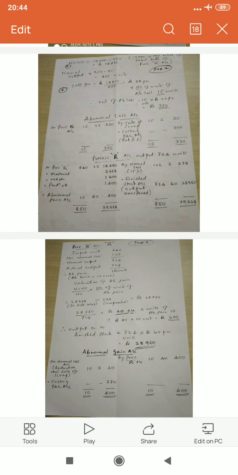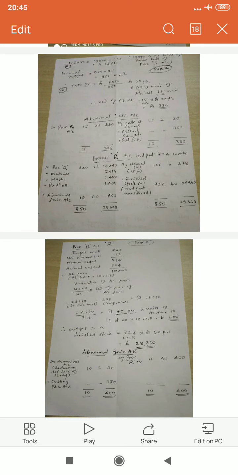Now, we have to ascertain whether there is any incurrence of abnormal loss or ascertainment of abnormal gain. First you have to ascertain how many units were fed into process R? 840. How much is permissible normal loss? Normal loss 126. Then how much should be the number of good units or normal output? The normal output should have been 714 units.